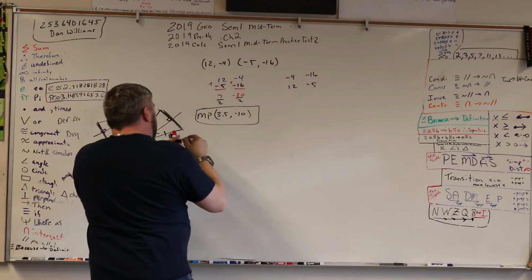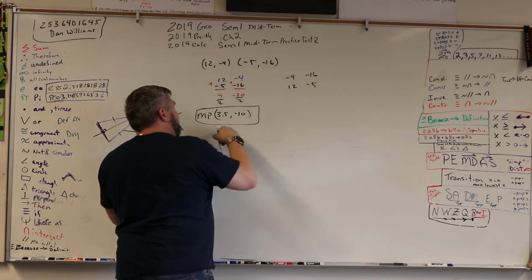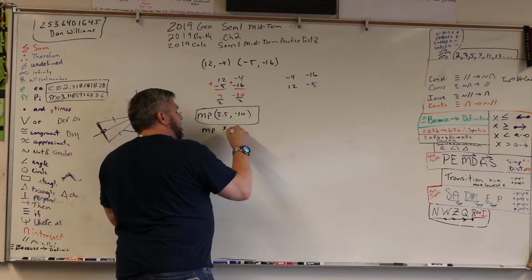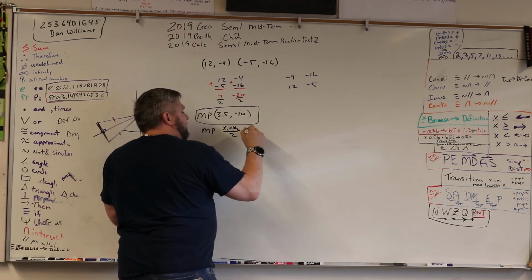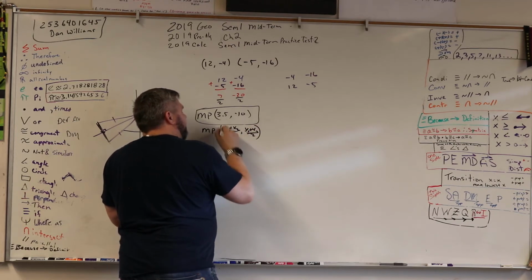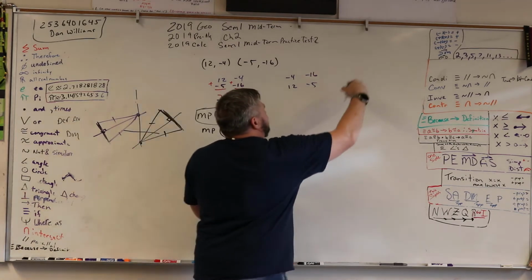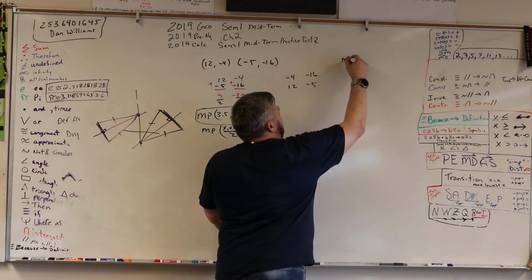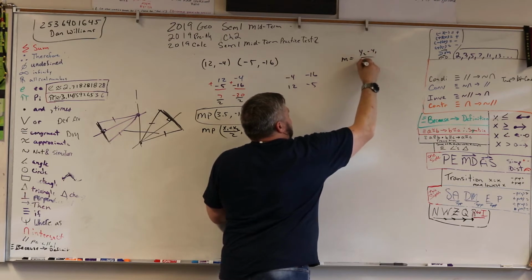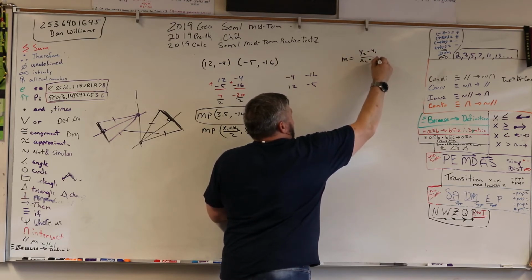Now, a lot of times, remember, your formula for midpoint is actually x1 plus x2 divided by 2, and y1 and y2 divided by 2. Okay, and that's your midpoint formula. For this, the slope is equal to y sub 2 minus y sub 1 over x sub 2 minus x sub 1.